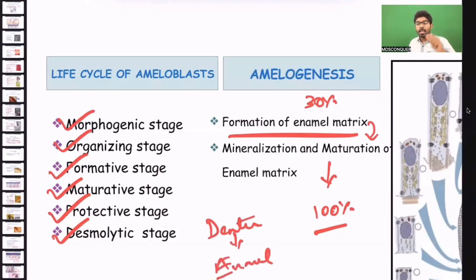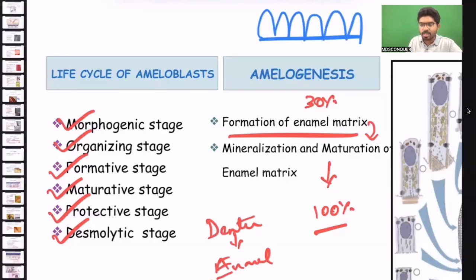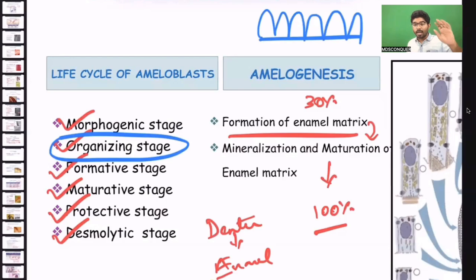Now the question is, in which stage is dentin formed? Dentin is organized. On organized dentin, enamel will start. So dentin formation occurs in the organizing stage. Now organized dentin has formed, so we have a layer of dentin on which we can lay enamel.